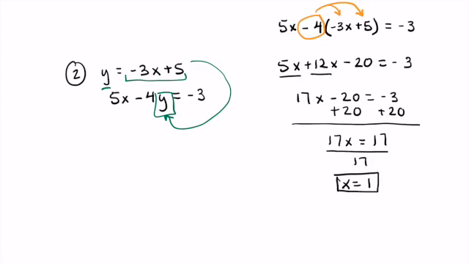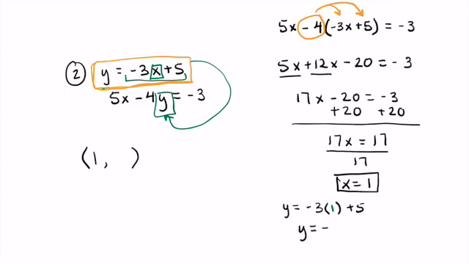Following the same procedure that we did last time, because now we have our x value, I know that I have x equals 1. I need to find that y value, so I'm going to plug in my value of x that I got into that first equation. So I now have y equals negative 3 times 1 plus 5.